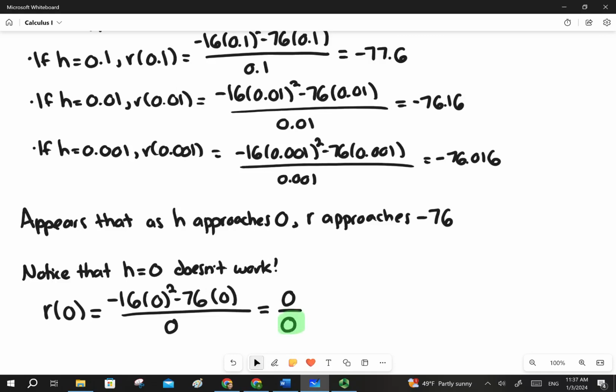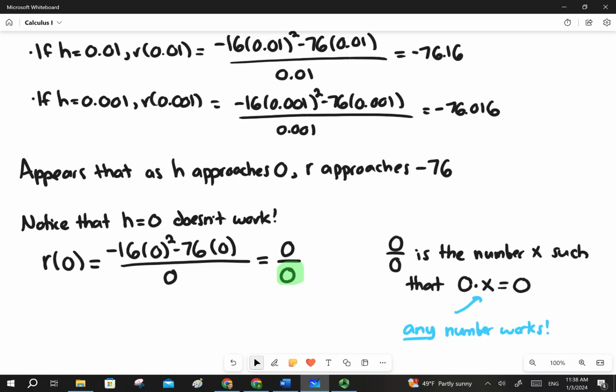Well, we know dividing by 0 isn't allowed. But another way to think of it would be, what number do you multiply 0 by to get 0? And the answer is anything. So we will refer to 0 divided by 0 later as an indeterminate form, because you can't tell what's going on just by looking at it.